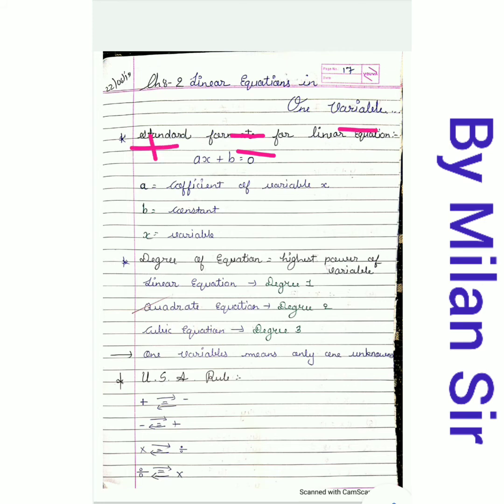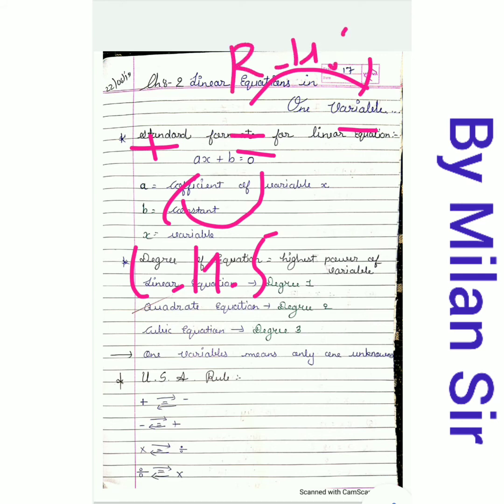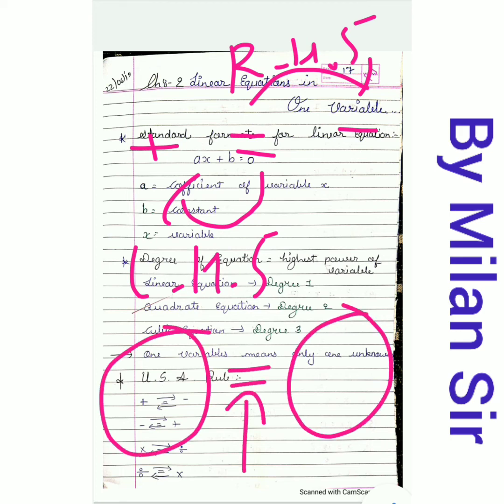The left hand side of the equality sign is called LHS, and the right hand side is called RHS. So three things we have here: left hand side, equality sign, and right hand side.